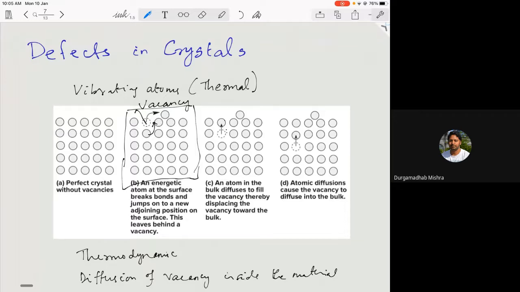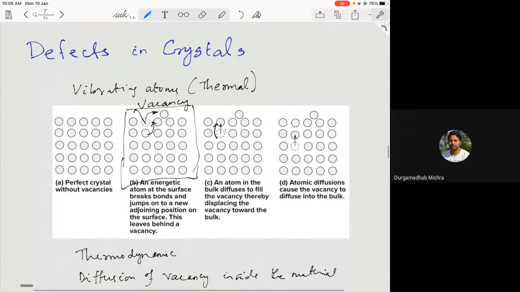Now this vacancy can be occupied by a neighboring atom, so one neighboring atom from below will jump, from here to here, and the vacancy basically moves downwards. So this vacancy can move, as you see in figure C and figure D: the atom is occupying the vacant position, and the vacancy is moving through the crystal.